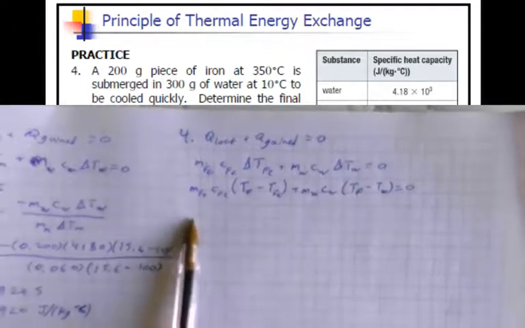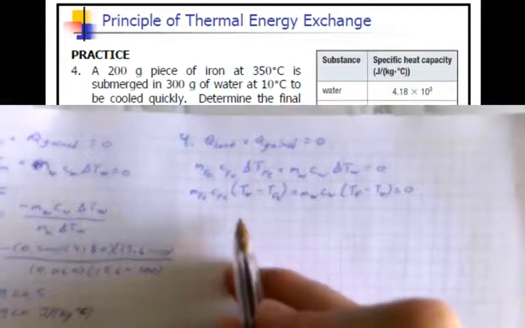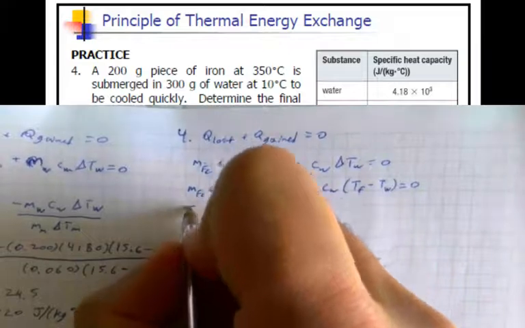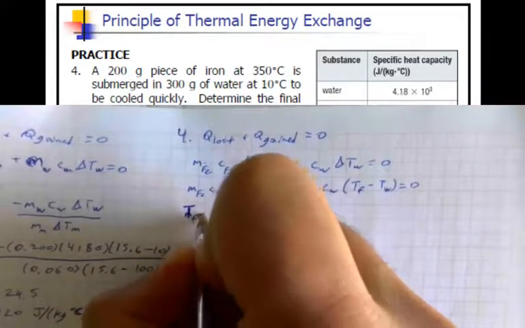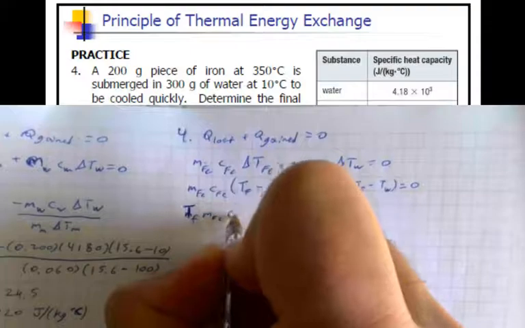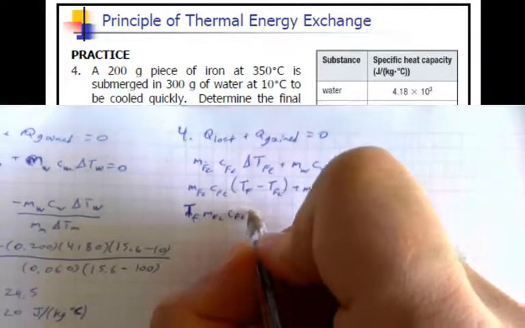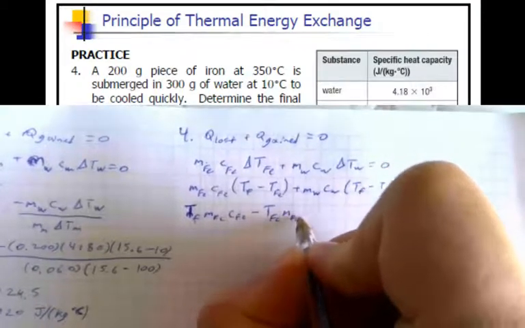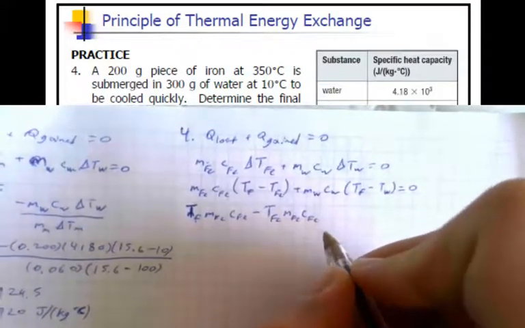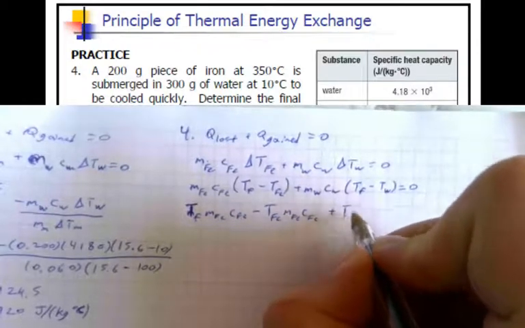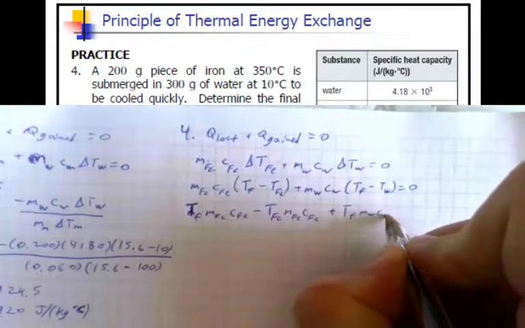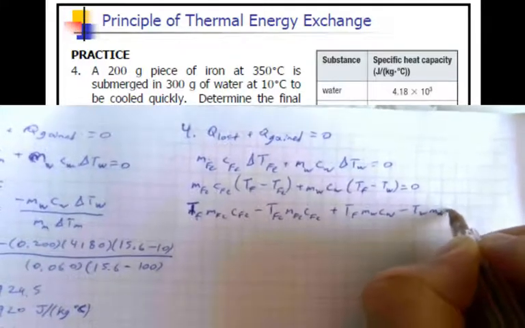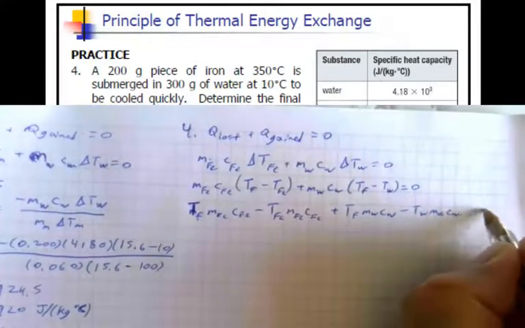To do that, what I'll first do is expand everything, and I'll write the TF in front. TF MFe CFe minus TFe MFe CFe plus TF MW CW minus TW MW CW equals 0.